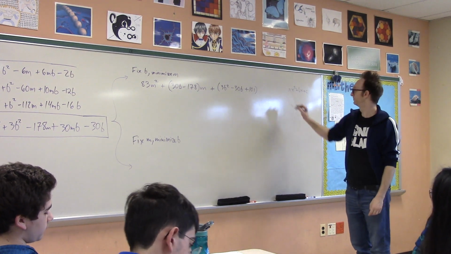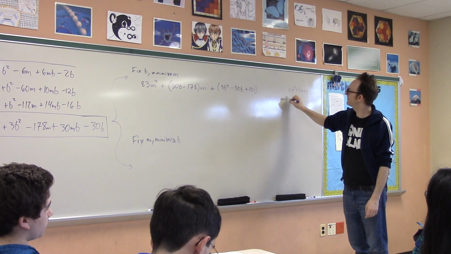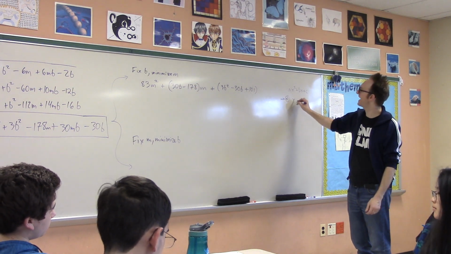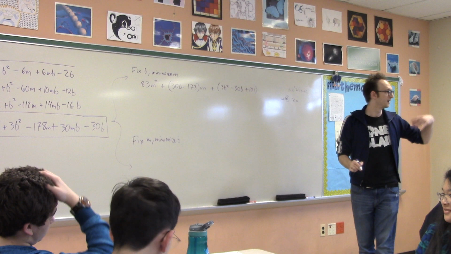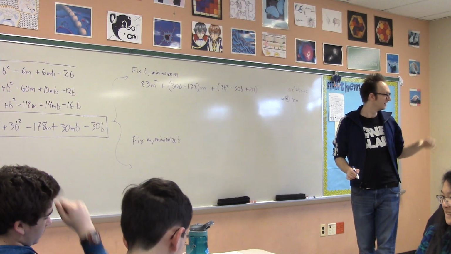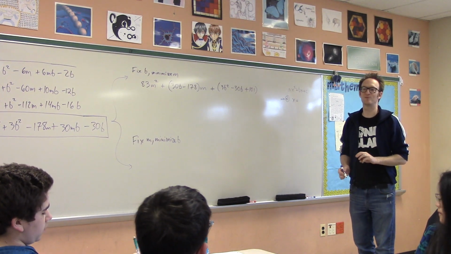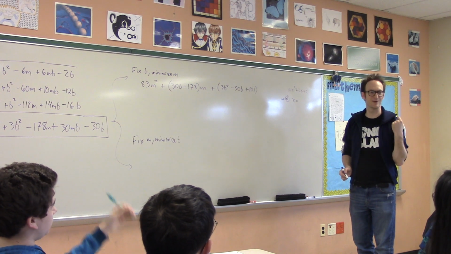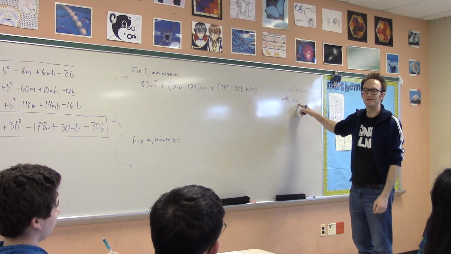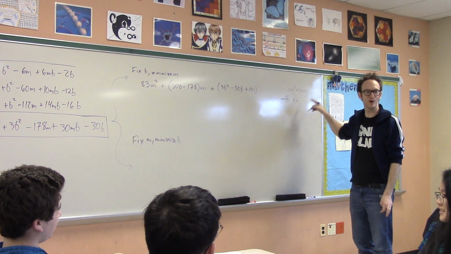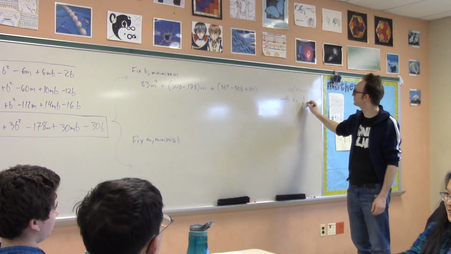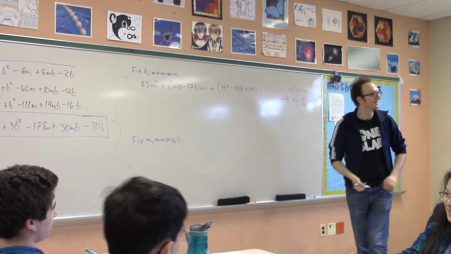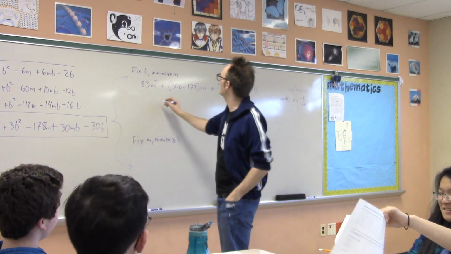Where is the minimum? The minimum is at the vertex, which is at x equals. Whoa, wait, a whole room full of magnet students in pre-calculus should know the answer to this. All together now, more people shout things out. Negative b over 2a, is that not a known thing? Yeah.